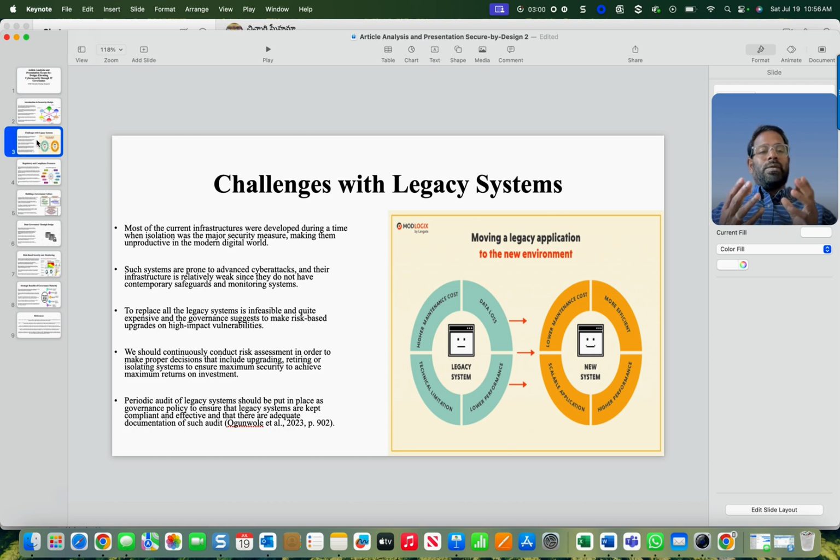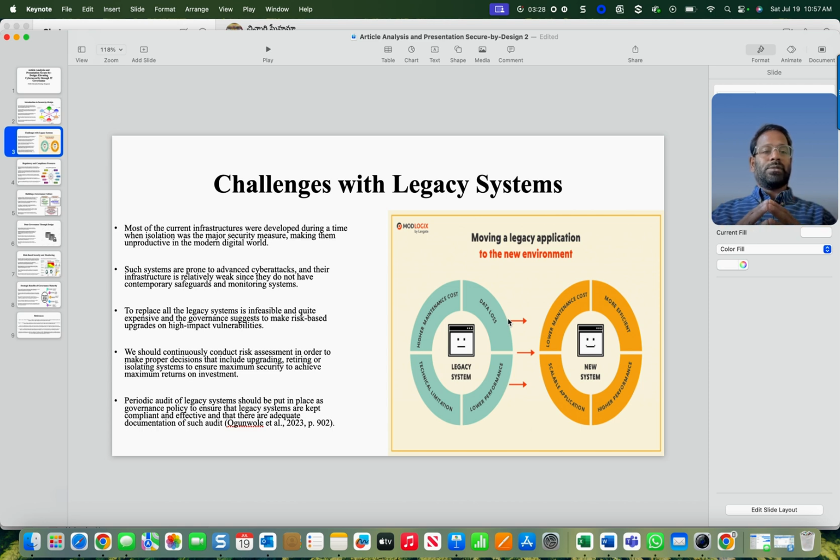Because of the limitations of legacy systems, we cannot apply all the security controls. If you see the diagram, having legacy systems means higher maintenance cost, data loss, lower performance, and technical limitations.